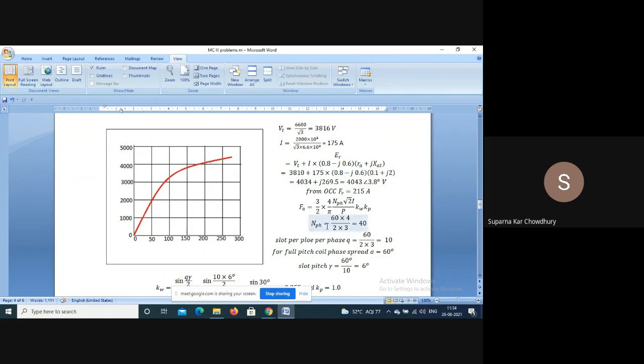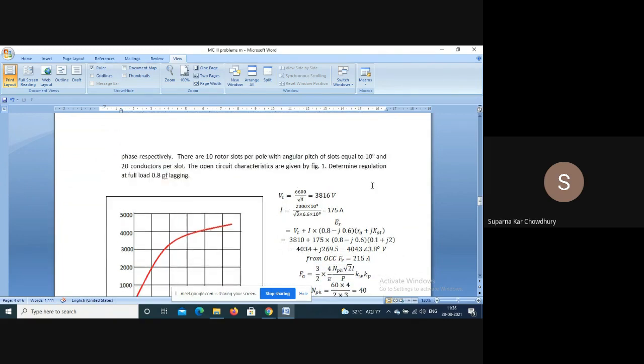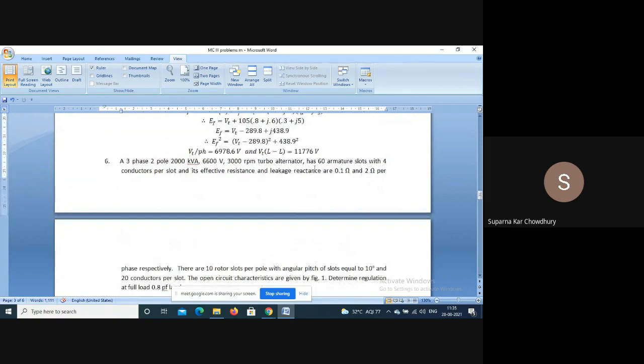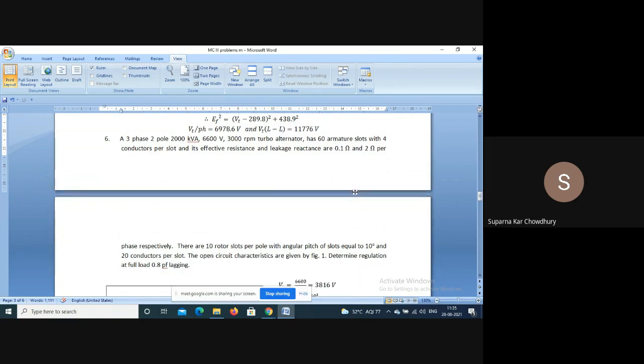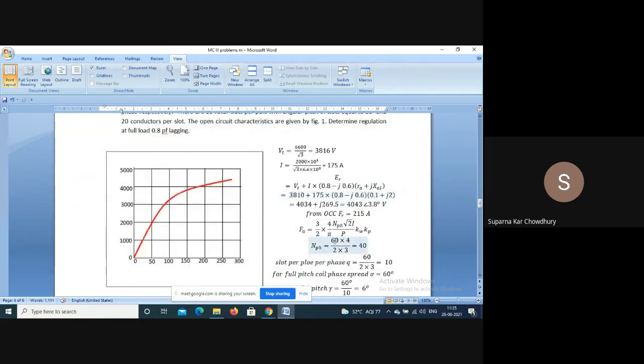Now what is N phase for the armature winding? It is given as 60 armature slots with 4 conductors per slot. It is a 3000 rpm machine, so the number of poles is 2. So we have 60 armature slots into 4 conductors per slot, which is the total number of conductors, divided by the number of phases and the number of poles.